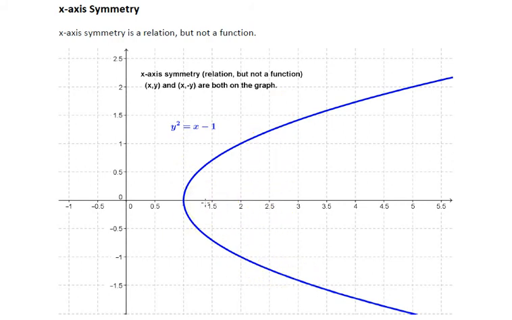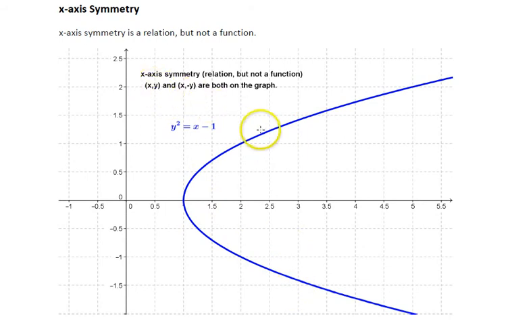All of these symmetries are referring to the built-in symmetry of a particular function or relation. We're not looking at two different functions or two different relations and comparing their relative symmetry to each other. This is built-in symmetry. So this relation has built-in x-axis symmetry.